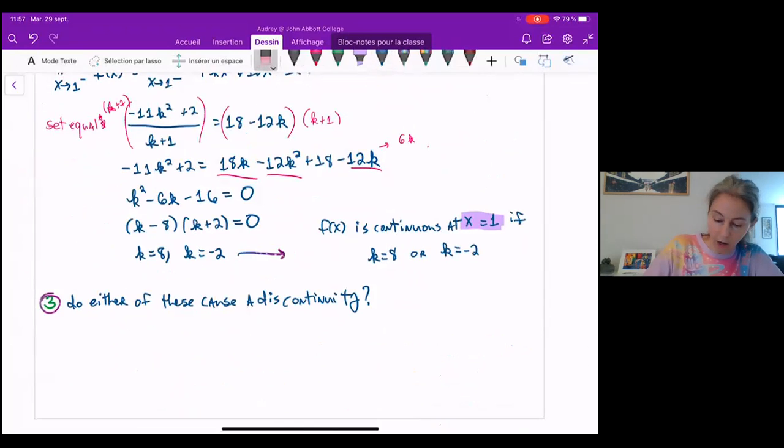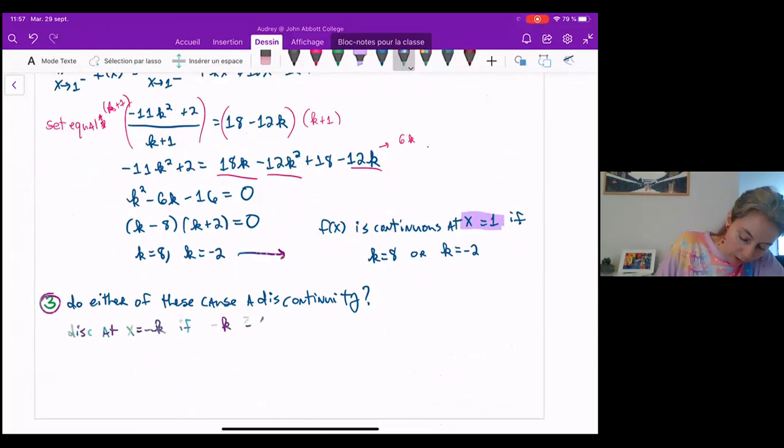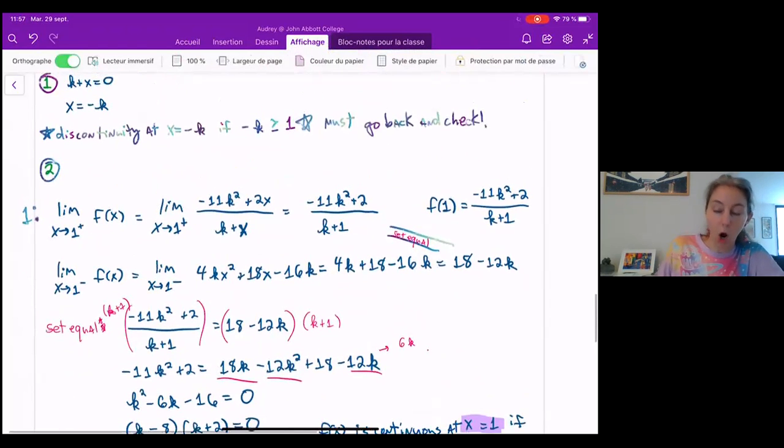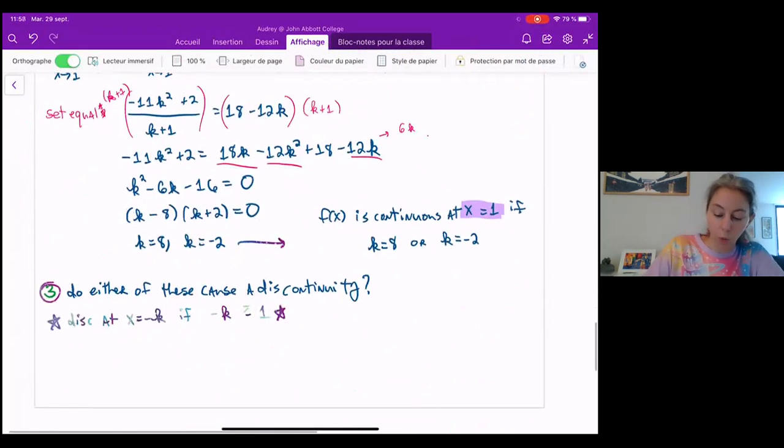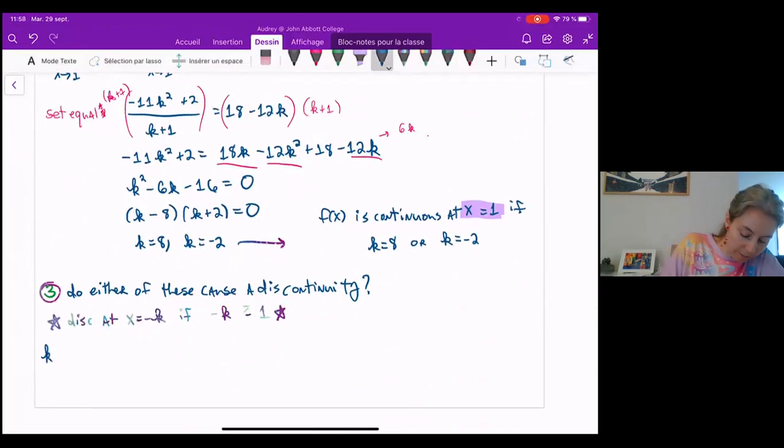So let's write that here. There's a discontinuity at x equals negative k if negative k is greater than or equal to 1. That is what we found in our first step. So when I have k equals 8, then I'm looking at x equal to negative k, which is equal to negative 8.